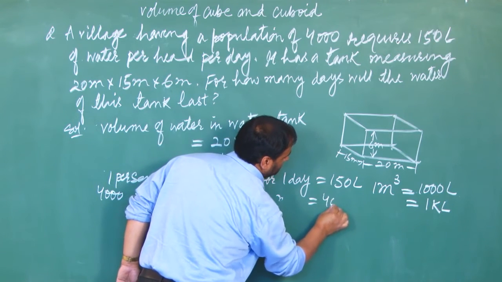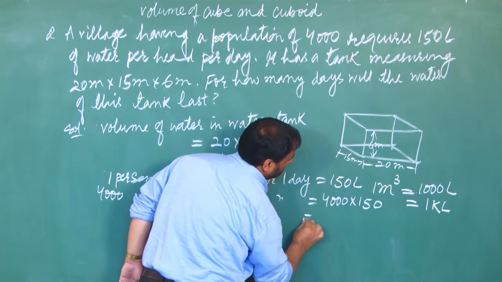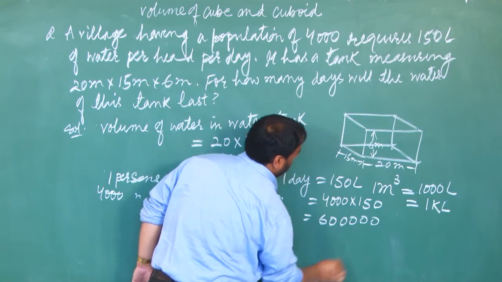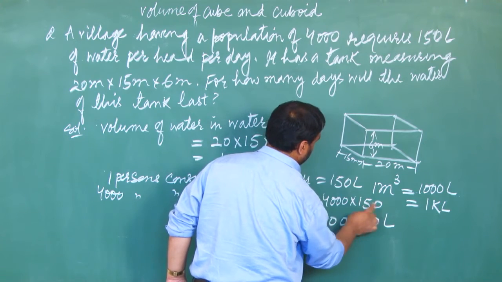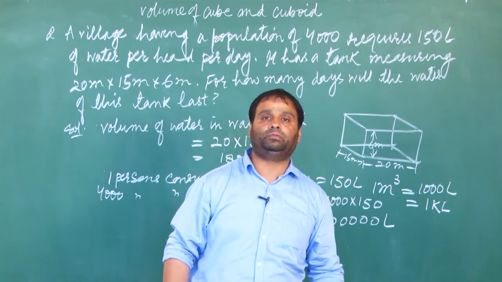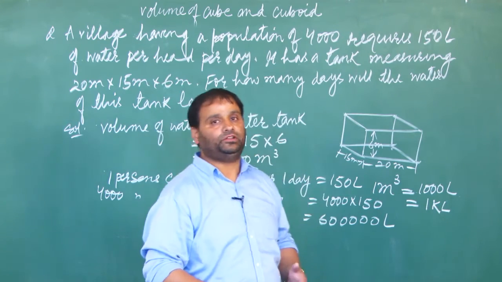It's 4,000 into 150, which is 6 lakh liters. So 6 lakh liters of water is consumed by all 4,000 people from that village per day.